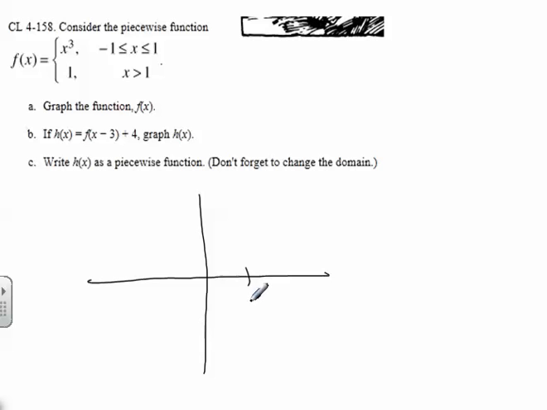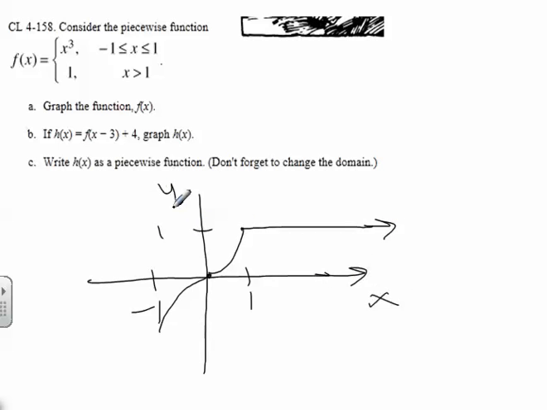Only from +1 to -1, I have a cubic, and a cubic would go like this. And at 1, where x is greater than 1, it just stays at the value of 1. So that's basically a flat line right there. So this is the sketch of that.